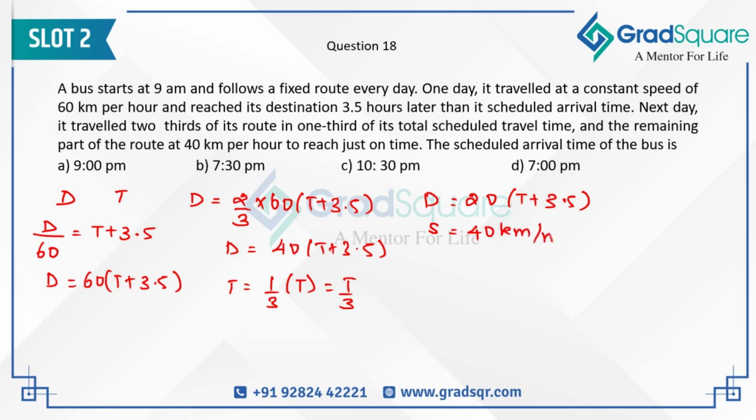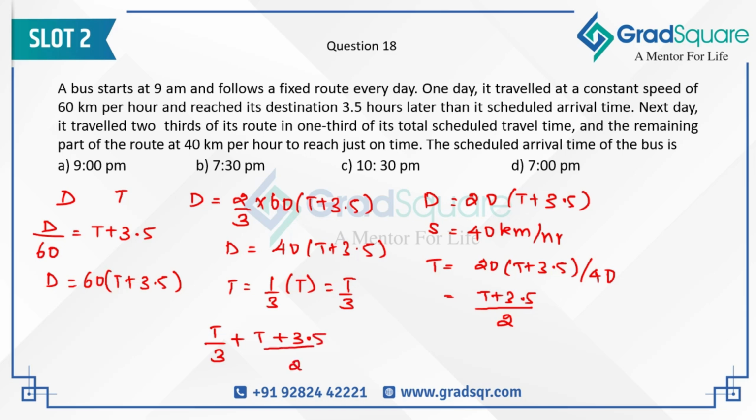So the time taken for this part will be distance divided by speed, which is going to be (t plus 3.5) divided by 2, and both the times taken put together should give me the overall scheduled time, because it is reaching on time. So overall scheduled time is t.